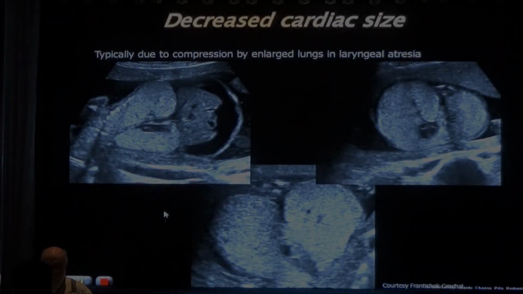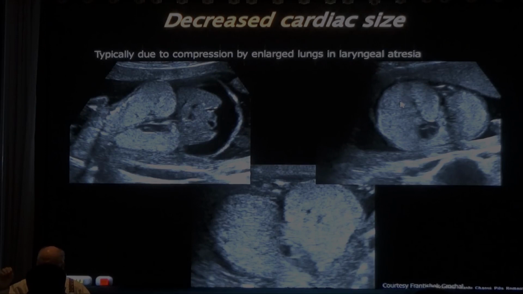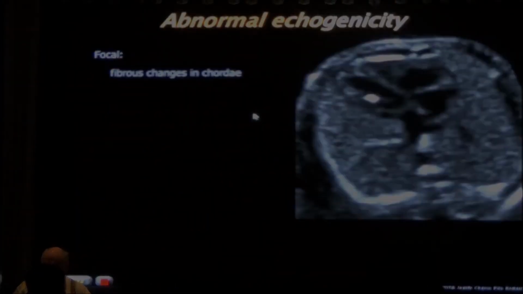Rarely you will have also a decreased cardiac size, and this is typically due to compression of the heart by some very distended lungs in laryngeal atresia. So here the secretions of the lungs cannot escape, the lungs become very enlarged and they compress the heart, function is decreased, and the baby goes into hydrops.